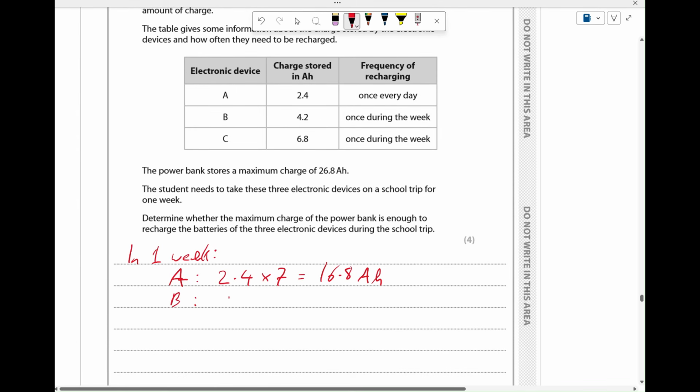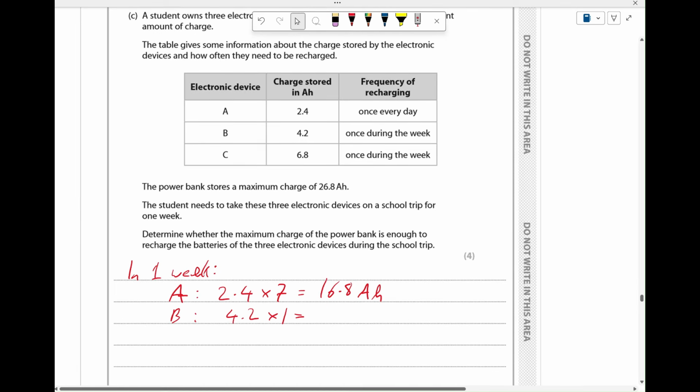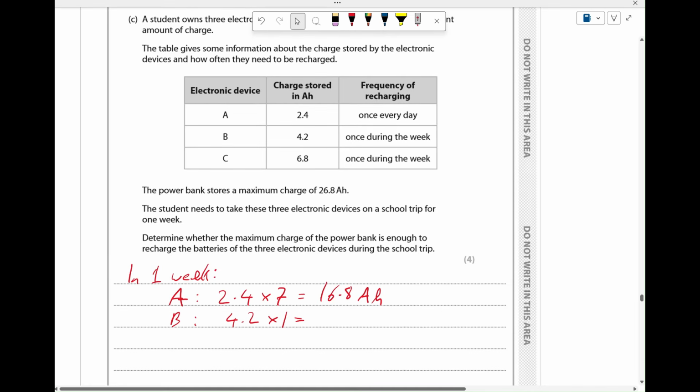Device B needs 4.2. Oh, I suppose, but if you need to charge it every day, do you need it that first day? Is it just times 6? I'm not sure. I'll think about that in a second. Like, as a school trip, you don't need to charge it on the first day because you charged it at home yourself. I'm not sure.